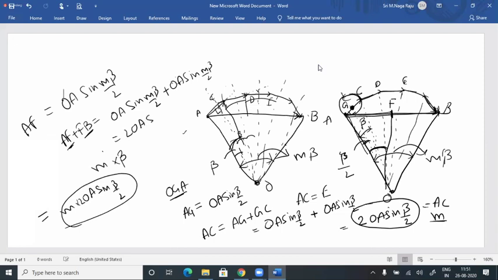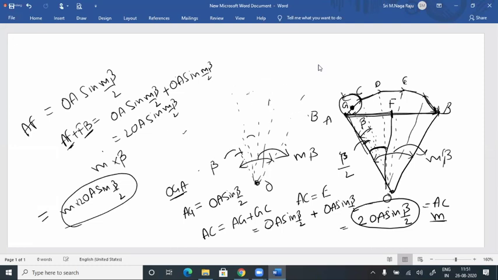This is 2 OA sine M beta by 2. Now this is the phasor sum of EMF. In the previous case, we added arithmetically the EMFs of each conductor, AC plus CD plus DE and so on, and got that formula. Now this is the phasor sum. We have taken M beta by 2 angle and calculated the total in terms of phasor.